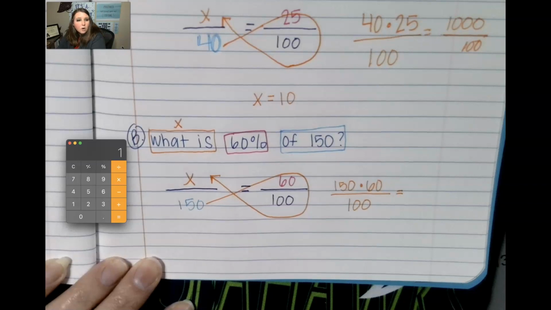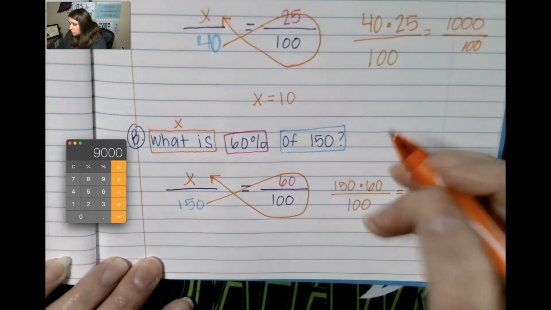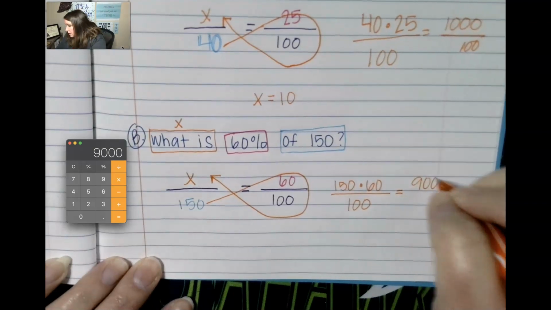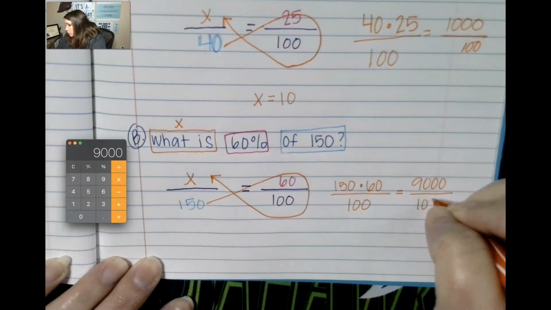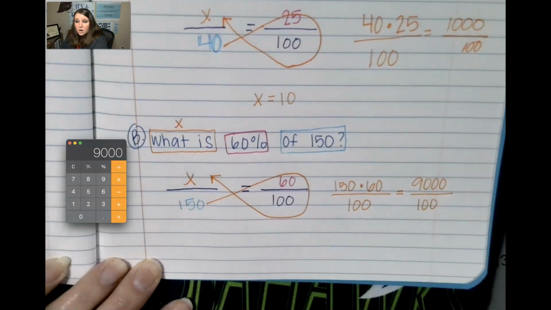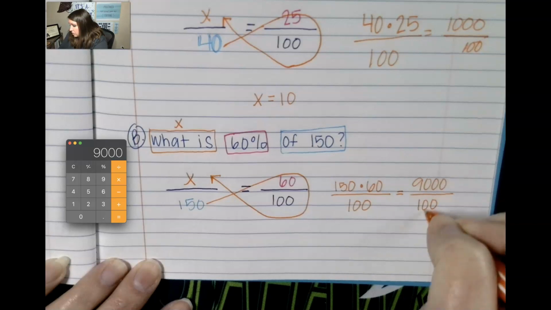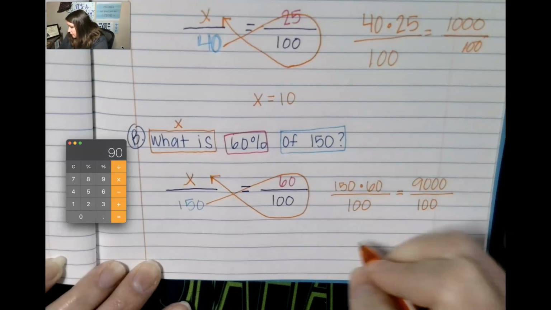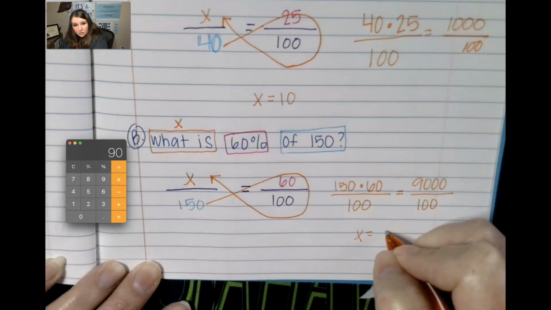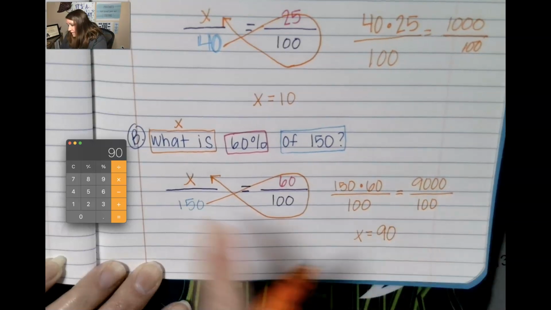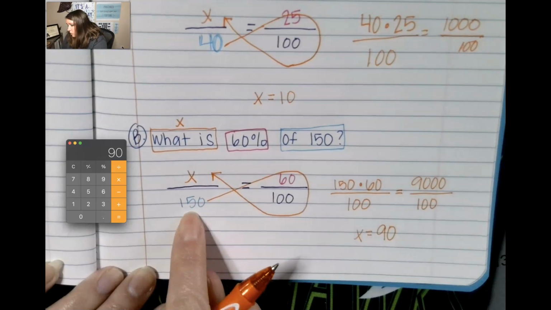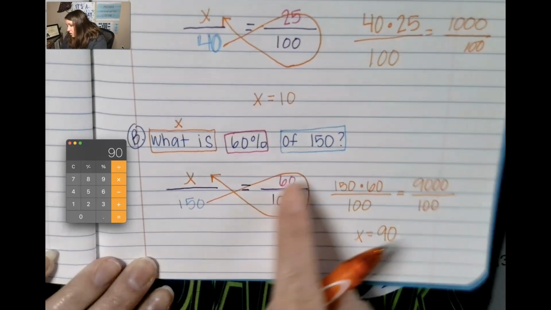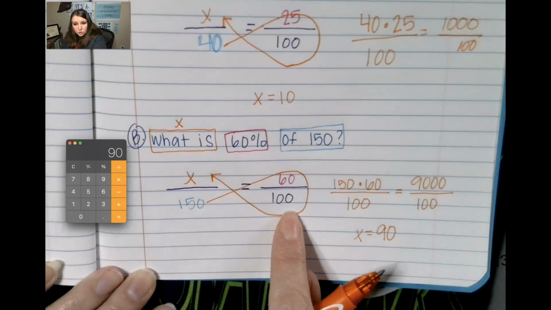We have 150 times 60, that equals 9,000, divided by 100. You can just cross off 2 zeros if you want, because 100 has 2 zeros, or you can use your calculator if you want to trust it. So x equals 90. So this would be 90 over 150 is equal to 60 over 100.